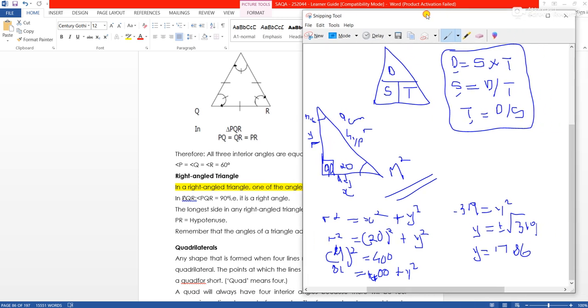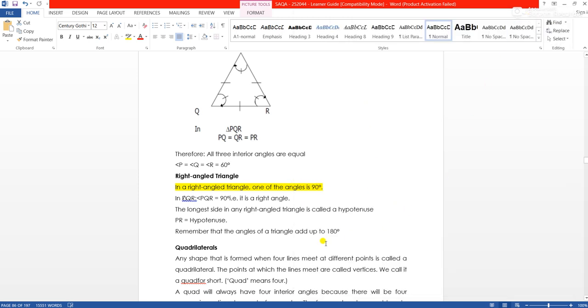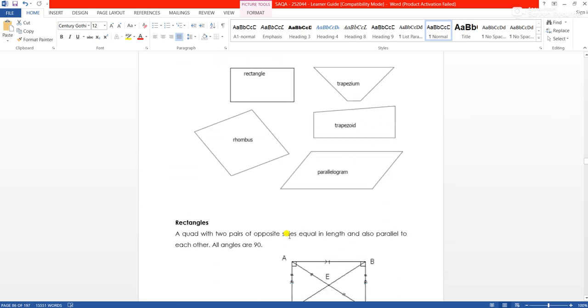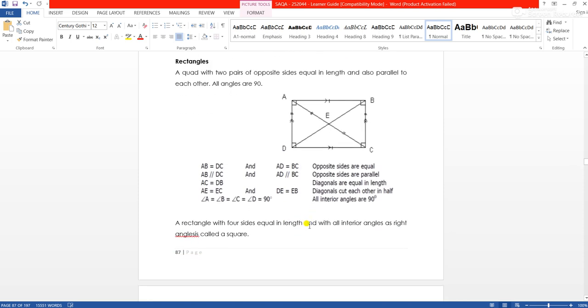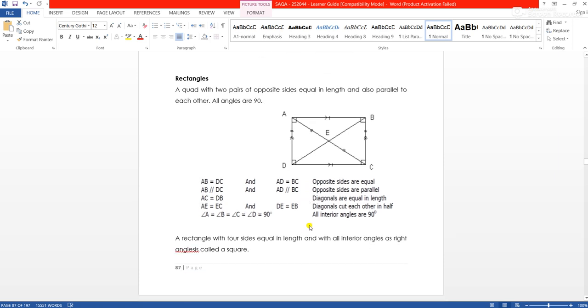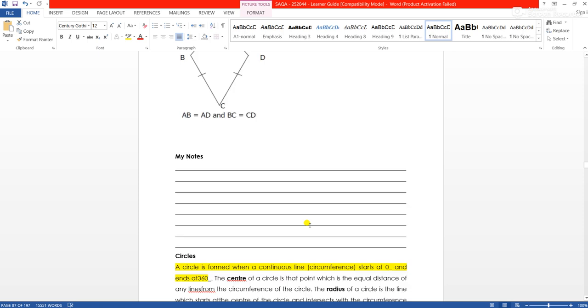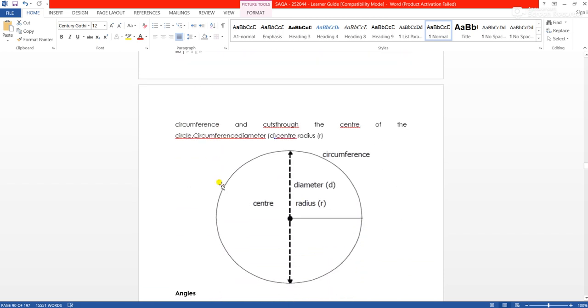In most cases we use that formula in order to find sides or angles that we were given. There are a lot of types of rectangles, so you can go through this on your own and know the properties of these angles. There's quite a lot, so I'll just look at the circle. A circle is formed when a continuous line, your circumference, starts at 0 and ends at 360, similar to your pi.